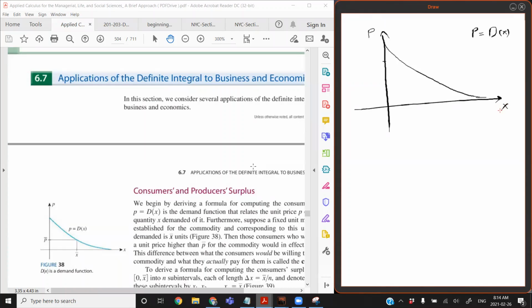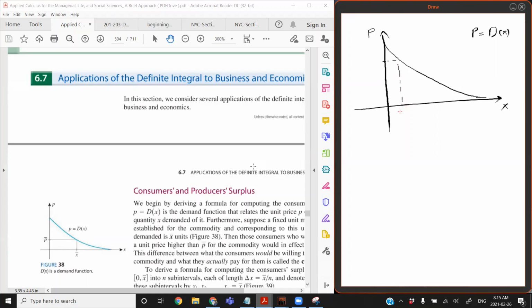But what X represents is the number of commodities demanded within that time frame. So let's say day. So X represents how many items of that product are demanded per day. And P represents the price. So higher prices are going to be associated with lower demand.